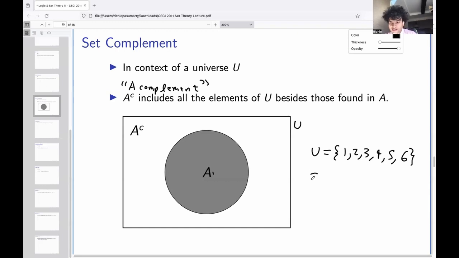And let's say E is the set of even numbers. Then in the context of this universe, E complement would be the following set: everything in the universe except these. So 1, 3, 5.